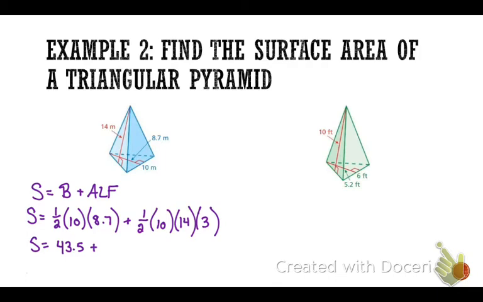So that's going to be 210. So surface area equals 210 plus 43.5. Yep, 253.5 meters squared. All right, so that's the total surface area of my triangular pyramid.